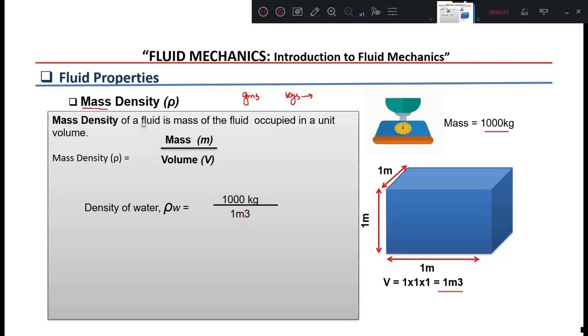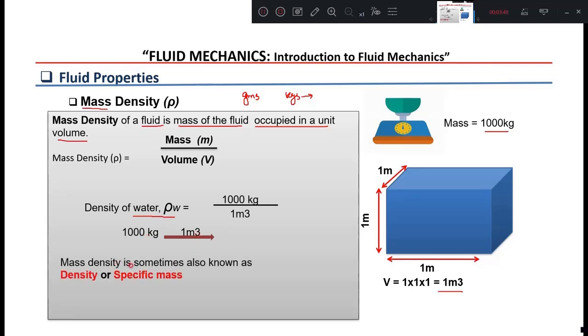That is, the mass of a fluid occupied in a unit volume. Unit volume is 1 meter cube. The mass of this fluid occupied in 1 meter cube of volume is called density.